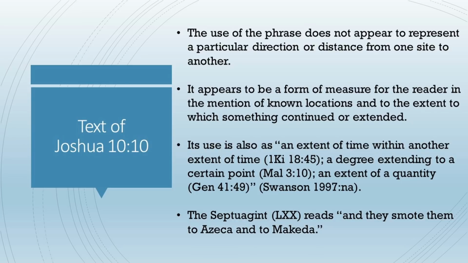The Septuagint reads, "and they smote them to Azekah and to Makkedah." I think the NIV translated it "all the way to Azekah and Makkedah," and some people have interpreted that as Makkedah being close to Azekah, but not according to Dorsey.